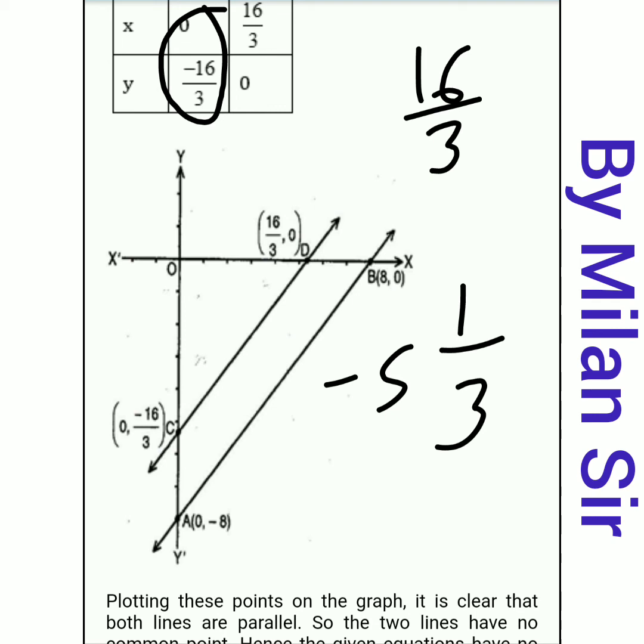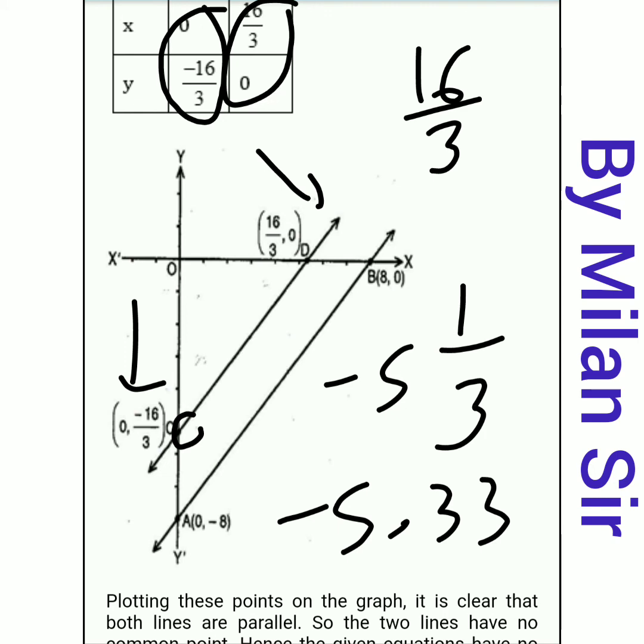Now 1 by 3 means 0.33, so alternatively this is minus 5.33. So just find it here and write down 0, minus 16 by 3. Same thing on the x axis: the second point is 16 by 3 and 0, so 5.33 you need to consider.